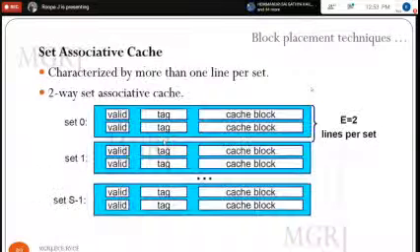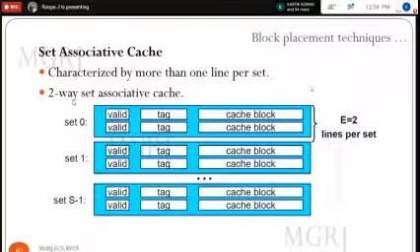Now, other than that, we learned about the second type. The second type was called set associative mapping. Set associative mapping means, as I said, one block of your main memory will at least be mapped to 2 blocks of your cache memory. For example, if you can see this diagram, this is one of the best examples for two-way set associative.